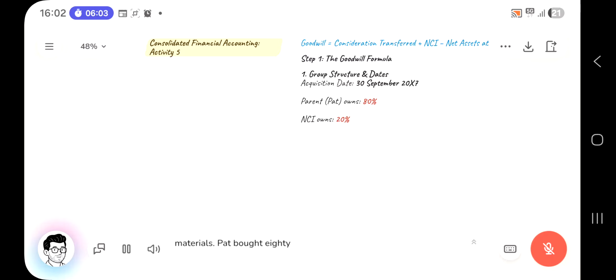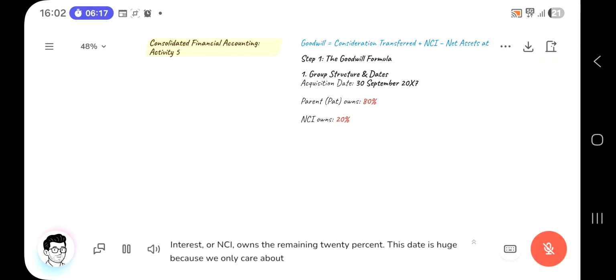Pat bought 80% of Slap on September 30th, 20x7. Since Pat owns 80%, the non-controlling interest, or NCI, owns the remaining 20%. This date is huge because we only care about what Slap was worth on that specific day.